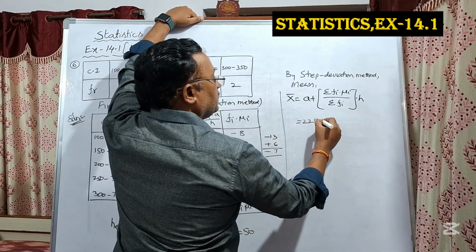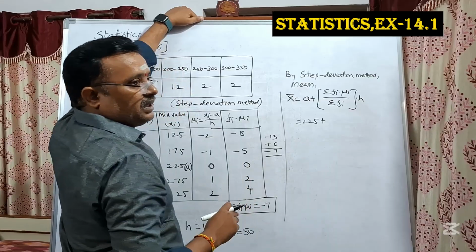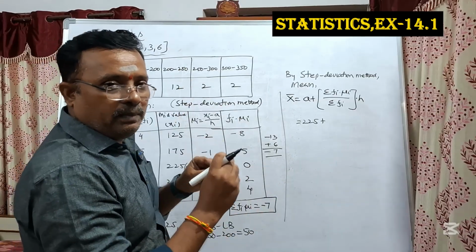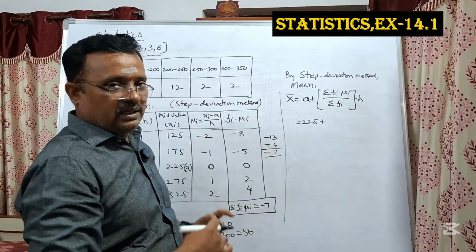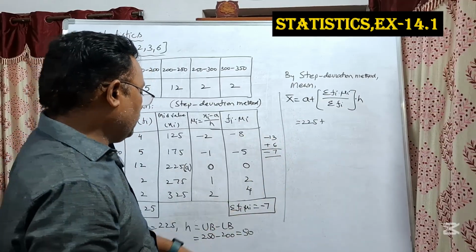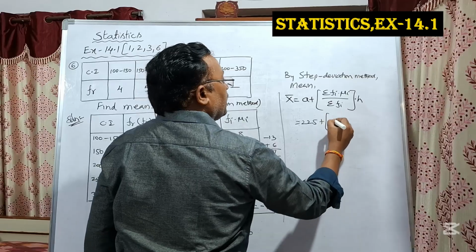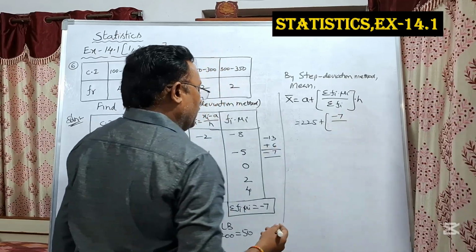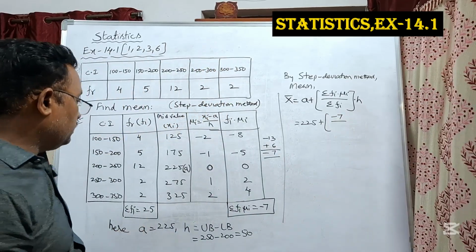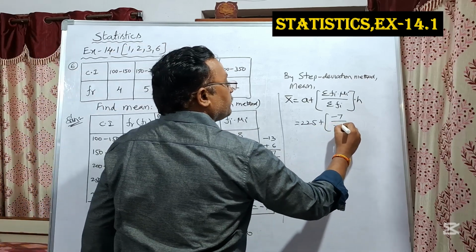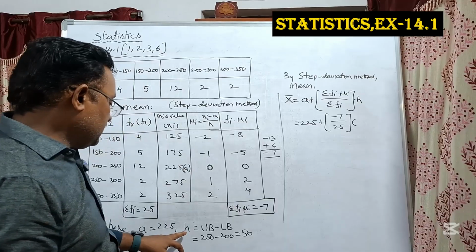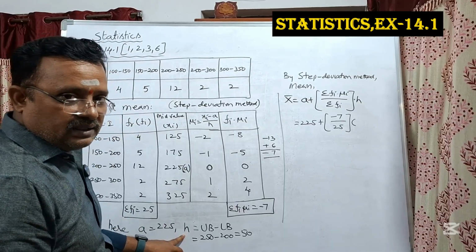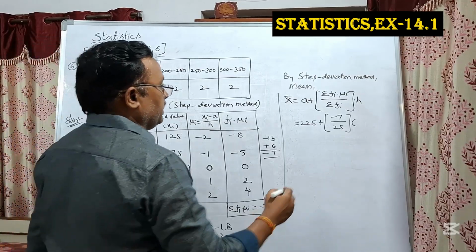We assumed this as the mean, then the original value may be a little more or a little less than that. So what is the sigma fi into mu I value? In bracket minus 7 by the sigma fi value 25, into h, the class size, the length of the class interval, h value is 50.